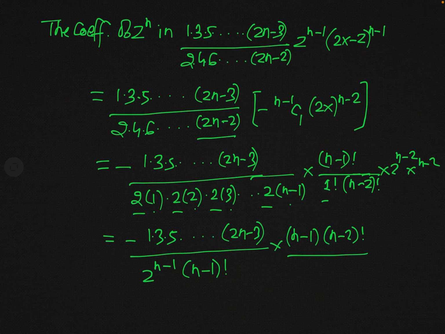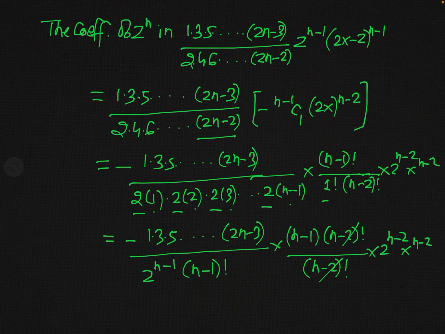And you know factorial 1 is 1, so we do not write it, and in the denominator there is n minus 2 factorial, and into 2 to the power n minus 2 into x to the power n minus 2.